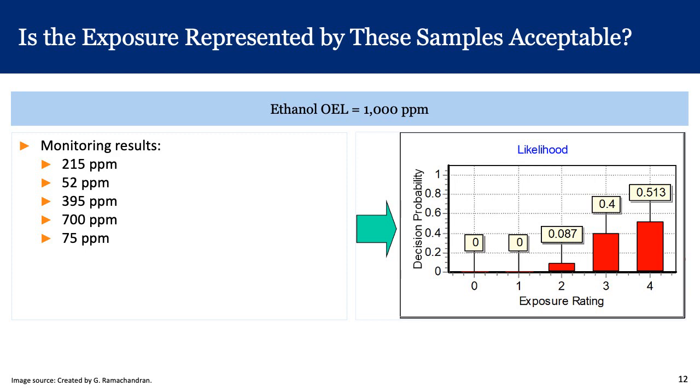Here we are saying that category 4 has the highest probability of 51.3%, and the other categories have smaller percentages. And so the industrial hygienist needs to take an action that is consistent with a category 4 exposure: put people in respirators, look at exposure control, other types of exposure control, or maybe even a process shutdown.